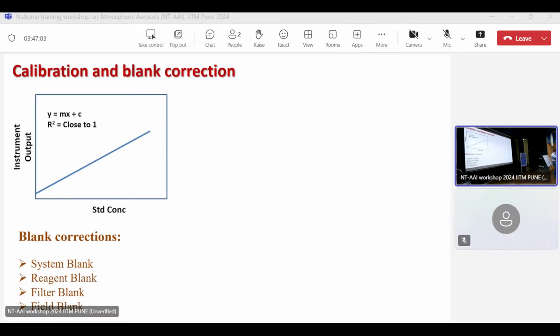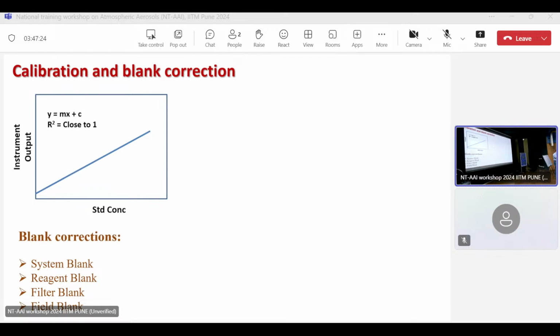That means in every injection, that much contribution is coming. So in principle, this intercept is telling you how much sodium concentration is there in your reagent, without the standard concentration. Okay? So that is the reagent blank.